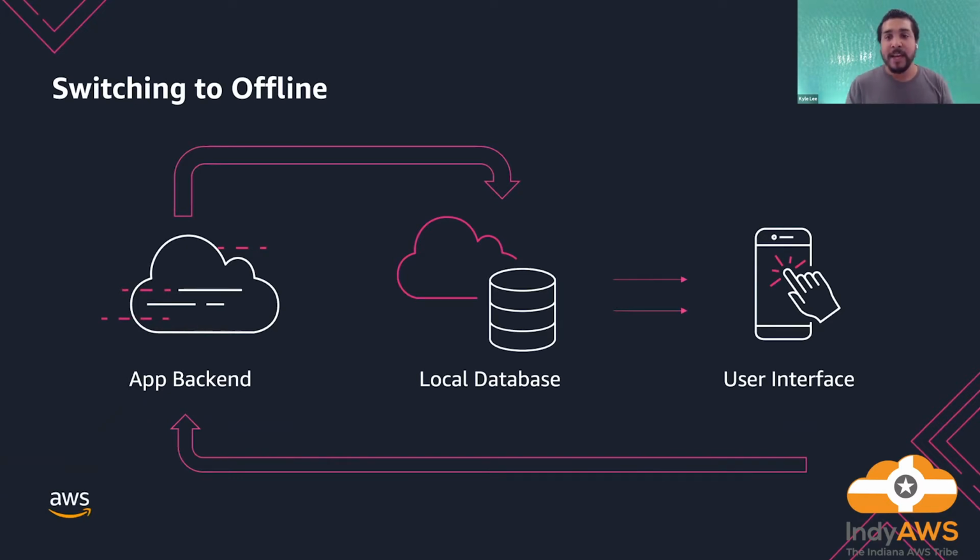Then from the local database, that information is sent over to the user interface, and everything is updated from there. So there's one layer in between receiving the data, but sending the data up to the backend is essentially the same.